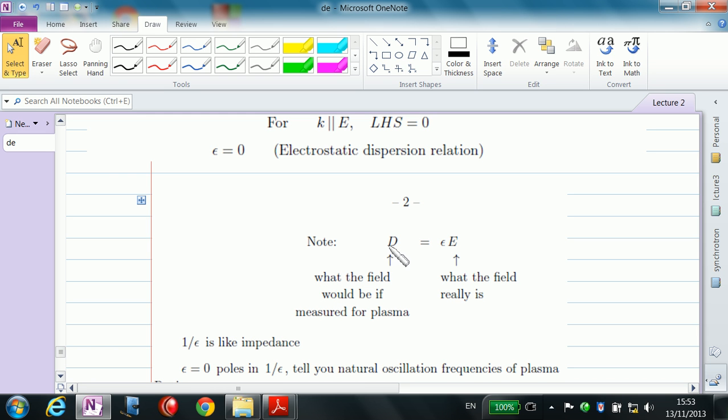Okay, now there's also a definition of D, which you've also seen in Jackson, and it's what the field would be if not for the plasma.